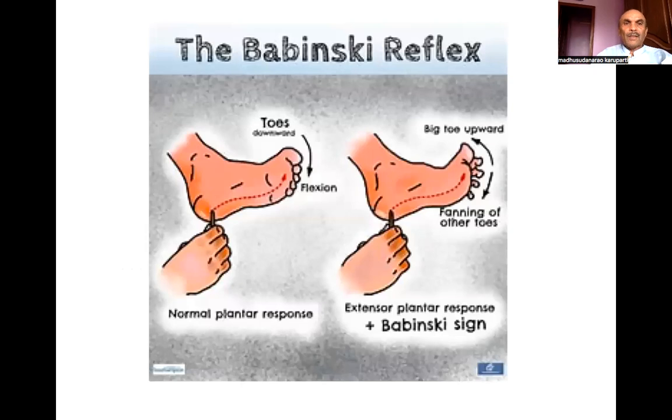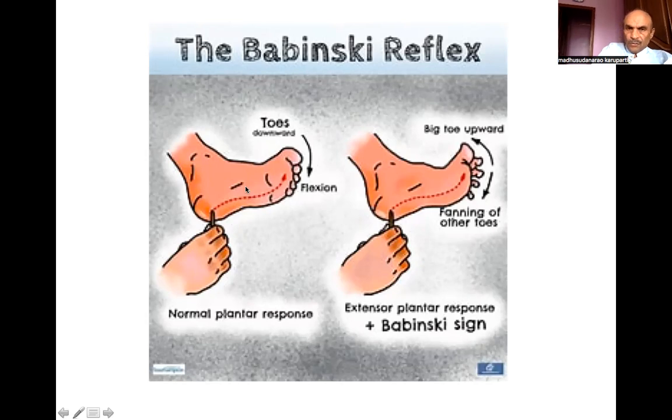Well, let us look at some photographs showing the Babinski reflex. Here is the normal response. The toe is stimulated from the lateral border to the base of the great toe, and you see the normal response is flexion of the toes.